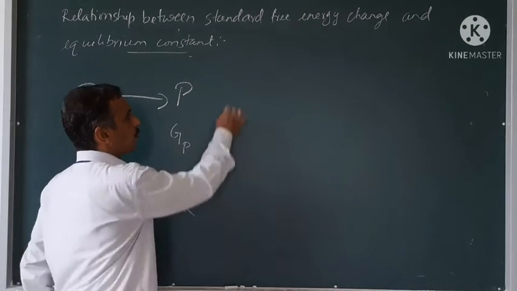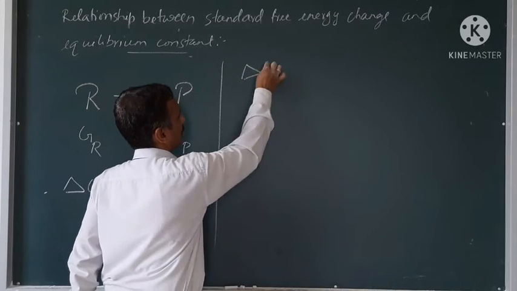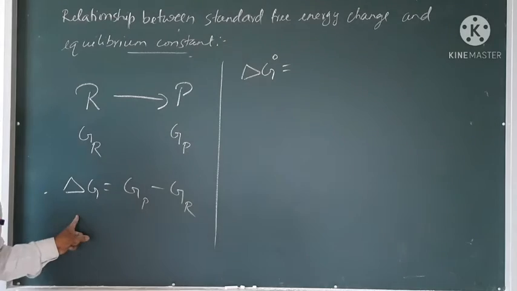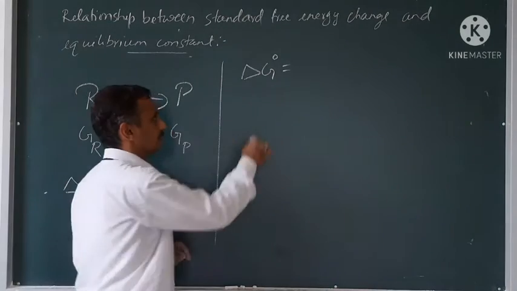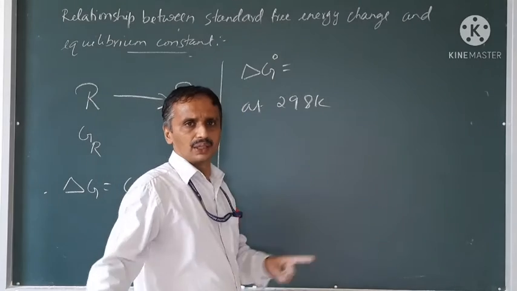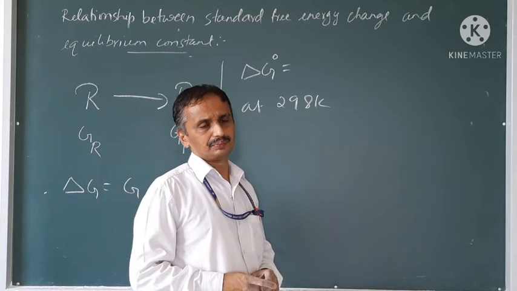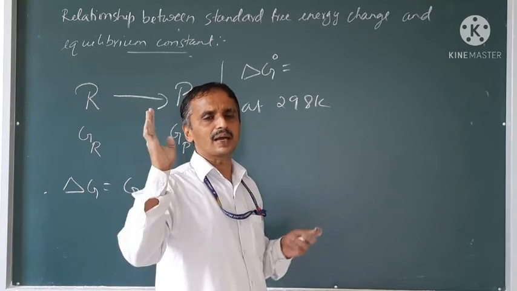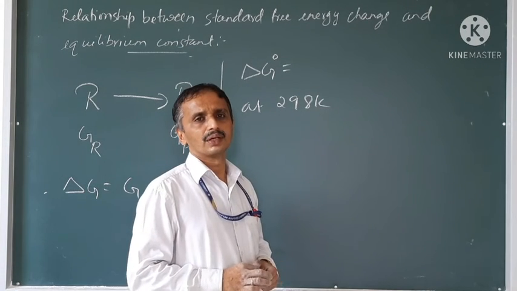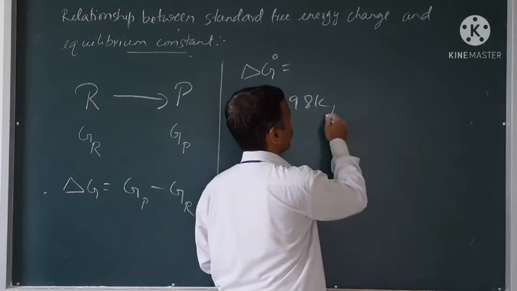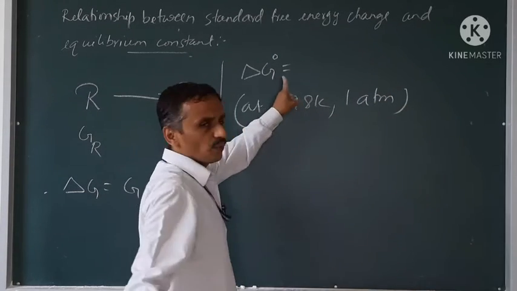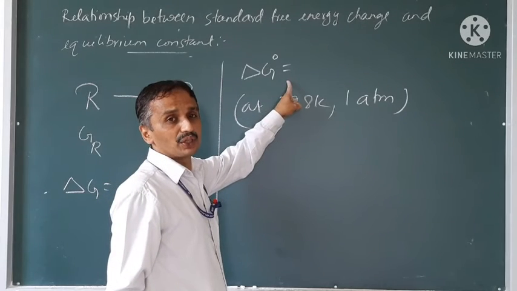Now, what do you mean by standard free energy change delta G naught? If I measure the free energy change at 298 Kelvin, in thermodynamics the standard temperature is not 273 Kelvin, it is 298 Kelvin or 25 degrees Celsius, and 1 atm pressure, then this is called the standard free energy change.